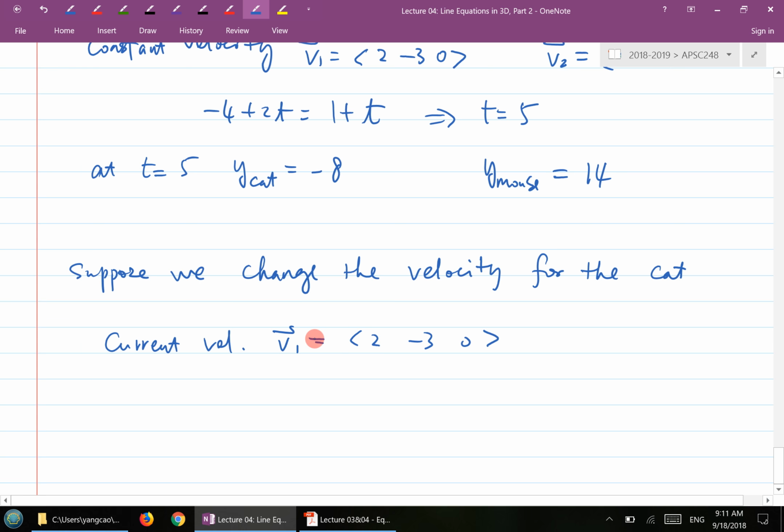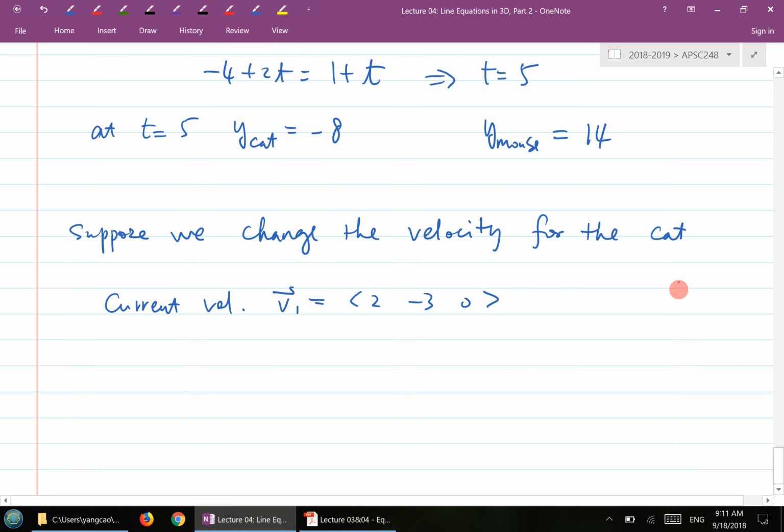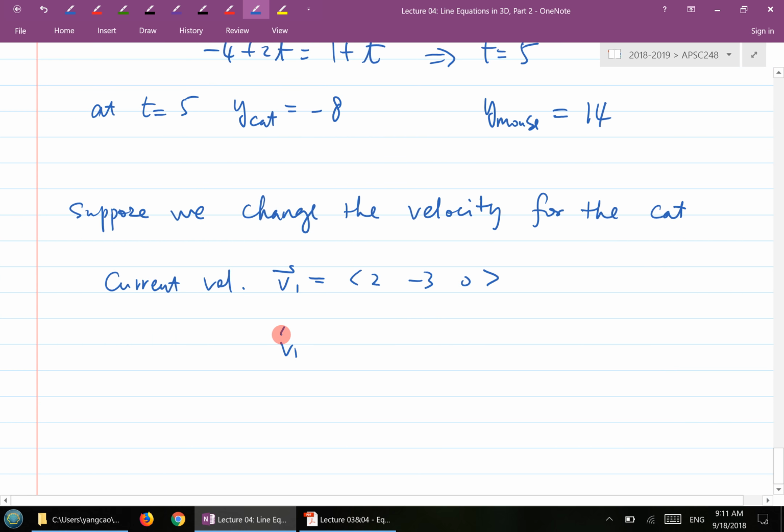So I might as well normalize this v1 to a unit vector. 4 plus 9 is root 13. So that's a unit vector.